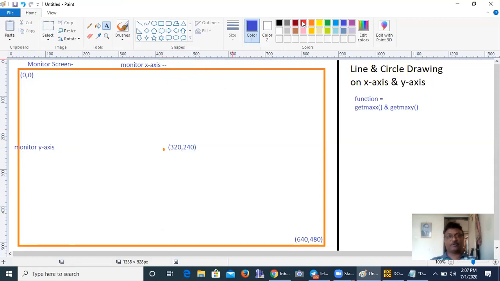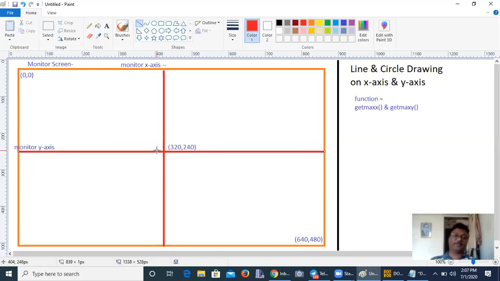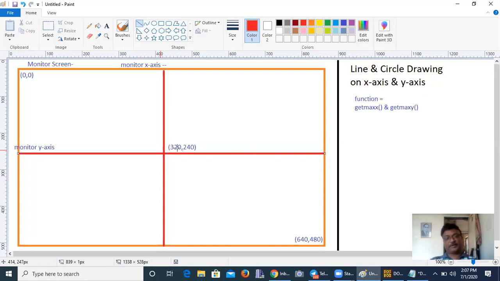So for this I have to draw the line. Suppose I'm going to draw one simple line with the color red, passing exactly through this y-axis and this x-axis. Means this screen I am going to divide into exactly 4 parts, an equal division of 640 by 480. So that line is passing through the center point.